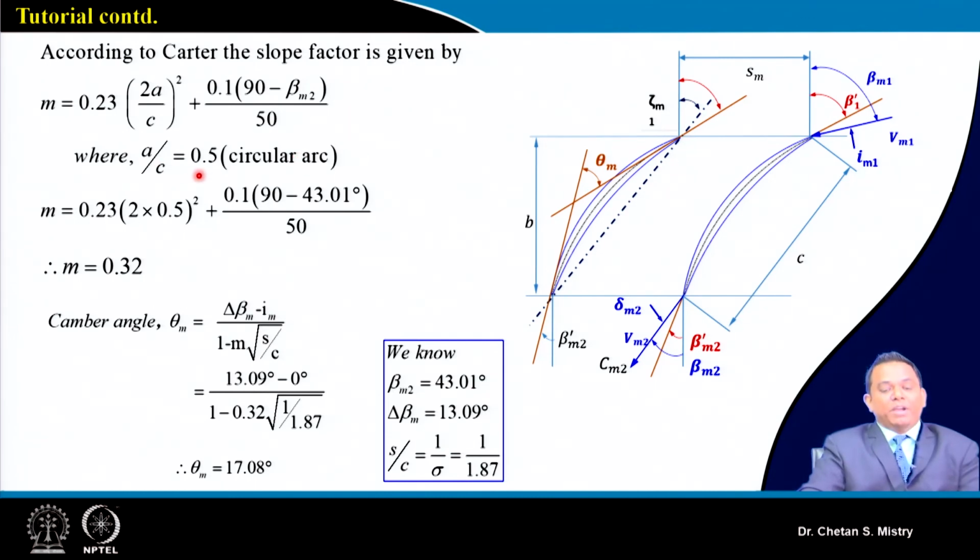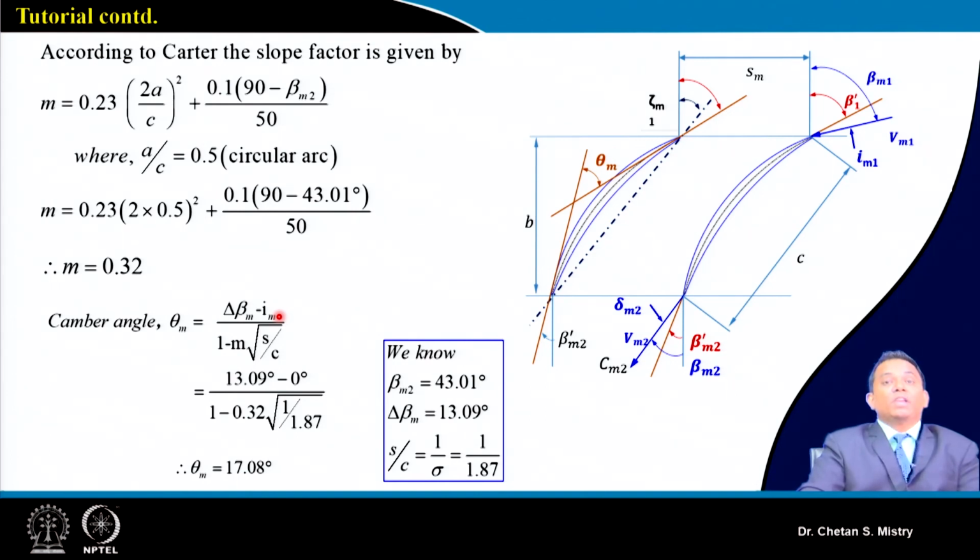So, here A by C we are taking as 0.5. If that is your case, we can calculate the m parameter to be 0.32. Now, in calculation of the camber angle, we need to assume the incidence angle. At the mid station, we are assuming our incidence angle to be 0. Same logic that we discussed for the subsonic compressor, we are opting for here.